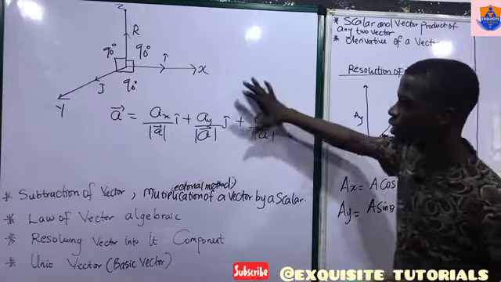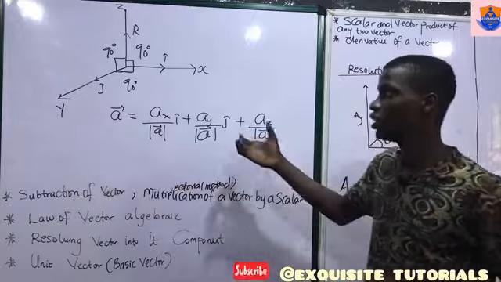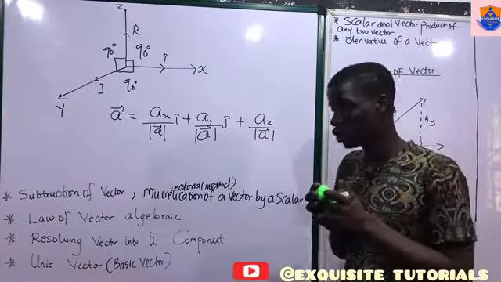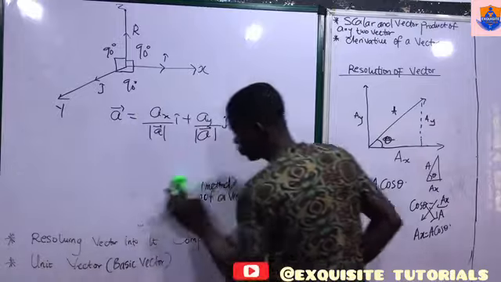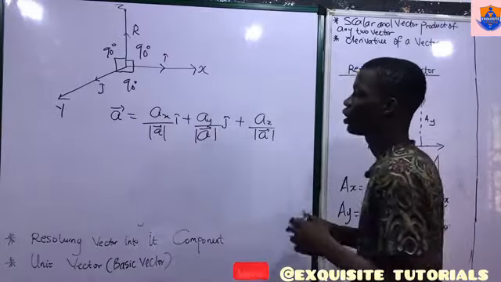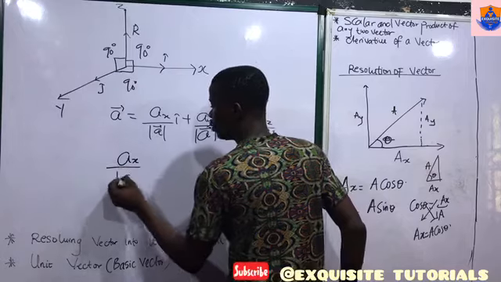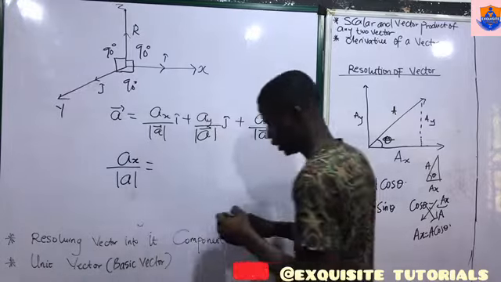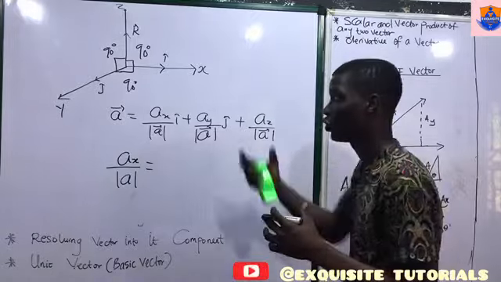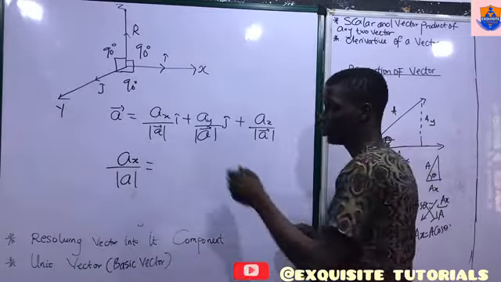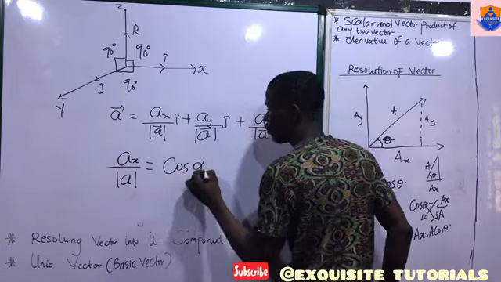Take note, our A of x all over the magnitude of A, this constant is usually equal to the cosine direction of the vector here. The vector is A. So the cosine direction here is cos alpha.